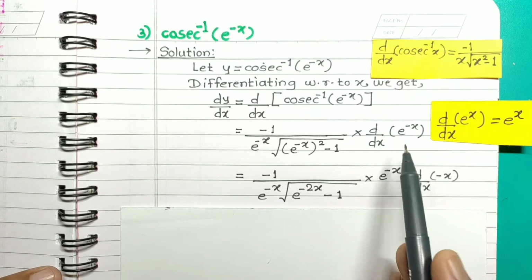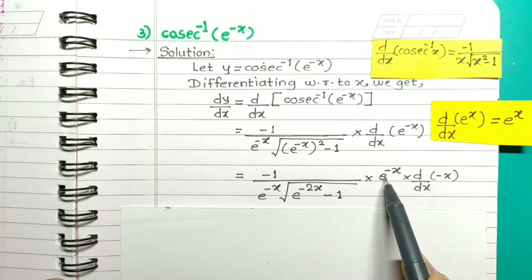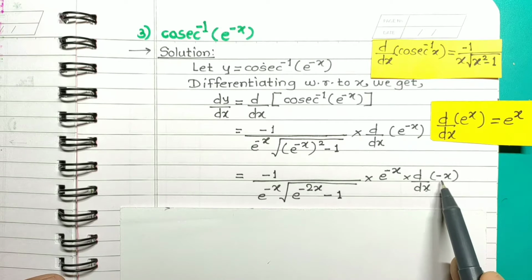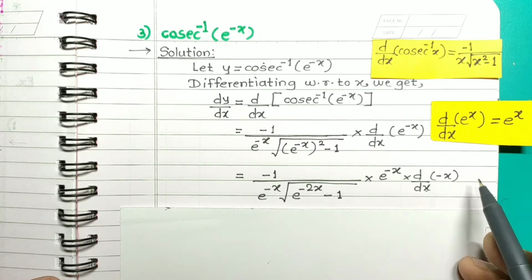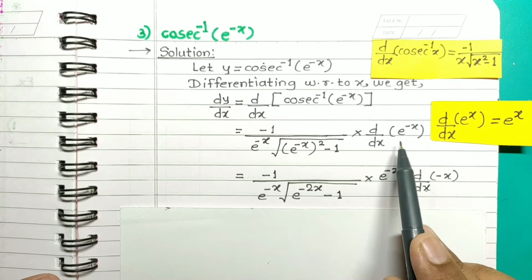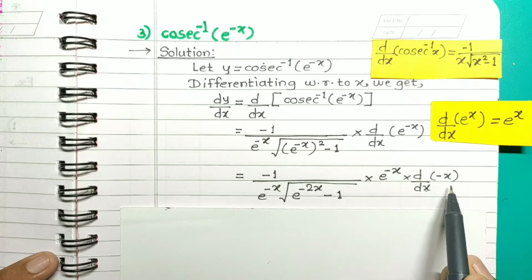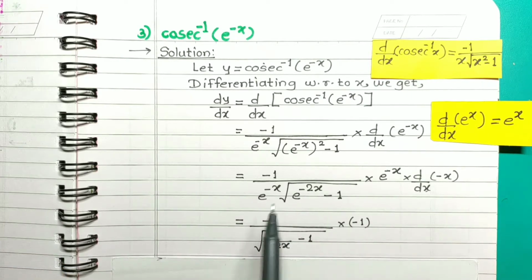So using this, here e raised to something, derivative is e raised to something into derivative of something, and that something function is minus x. Okay, so here to evaluate derivative of e raised to minus x, again we have used chain rule. Note this.